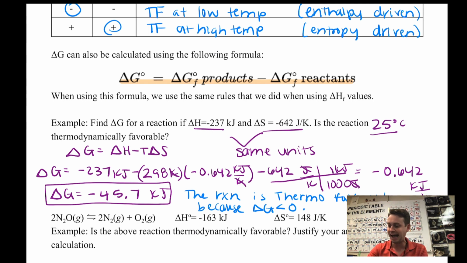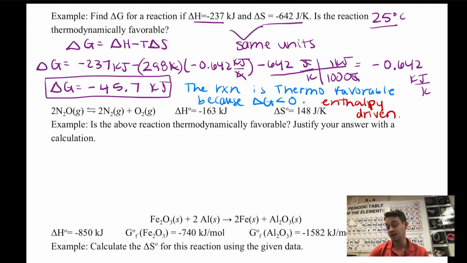I'm just going to add here, didn't really ask for this, but if it did, I would say that this is enthalpy driven because the enthalpy is what made delta G negative, whereas the entropy made it positive.